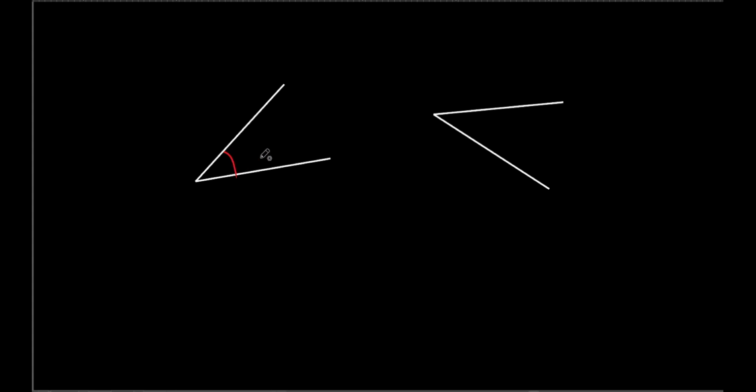So if I put one arc here and one arc there, what does that tell you about those two angles? That they're the same. And we have a word for it. It's a word that we used, I think, yesterday for the first time. What do we say when two line segments have the same length? We say they're congruent to each other. So what are we going to say about these angles? They're congruent to each other.